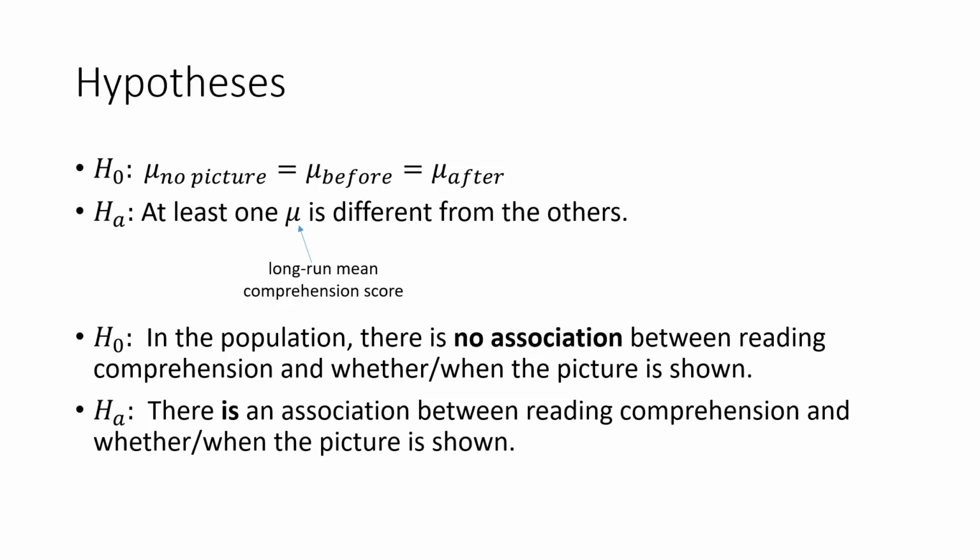Another way we could write our null hypothesis would be to say that in the population there is no association between reading comprehension and whether or when the picture was shown. In this case, our alternative hypothesis would be that there is an association between reading comprehension and whether or when the picture is shown.